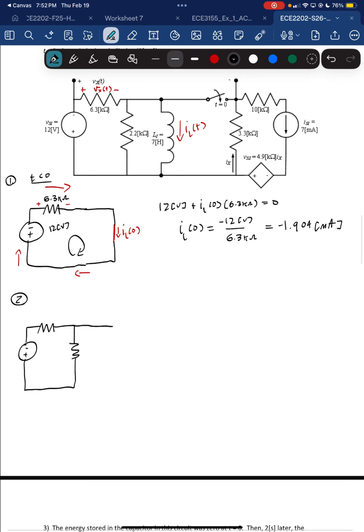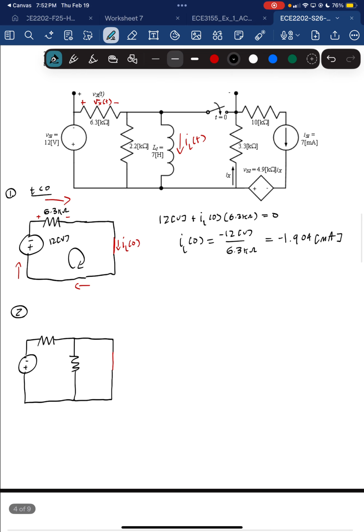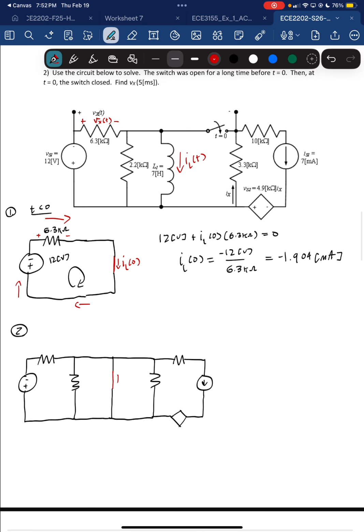So I'm going to go ahead and short out this inductor because there's nothing weird going on. We don't have any voltage sources in parallel with it. So we can just short it out. Right, and then this is the current we are solving for.